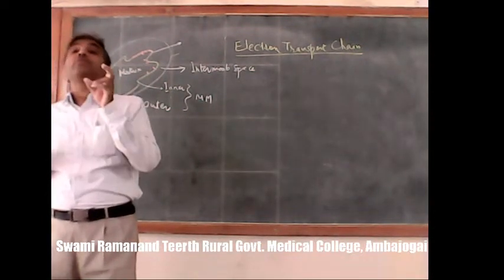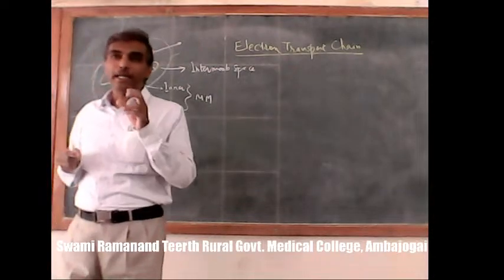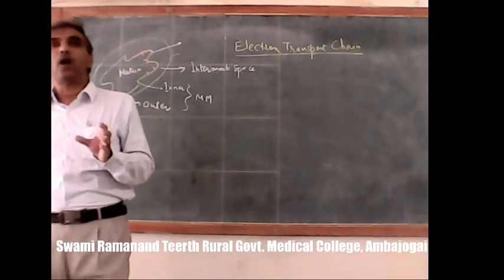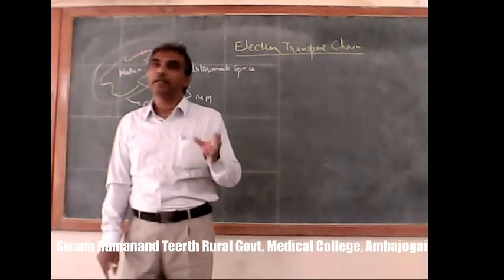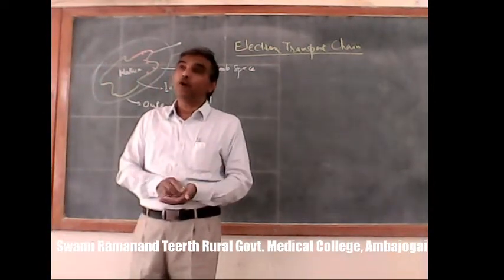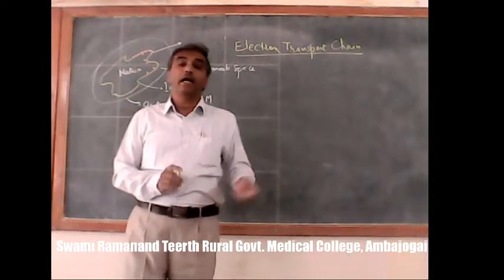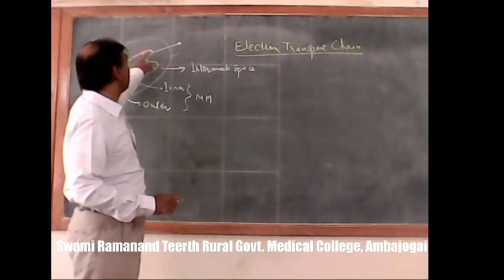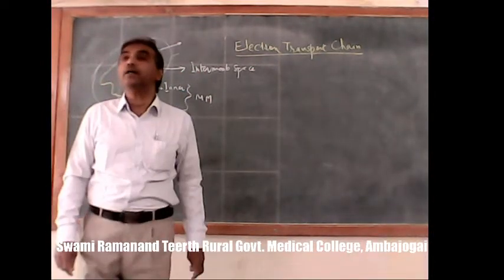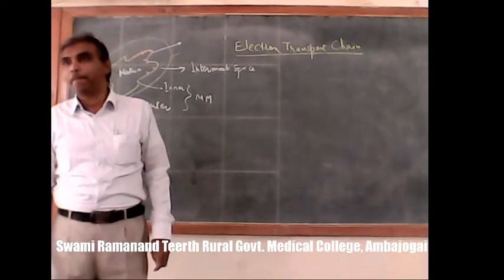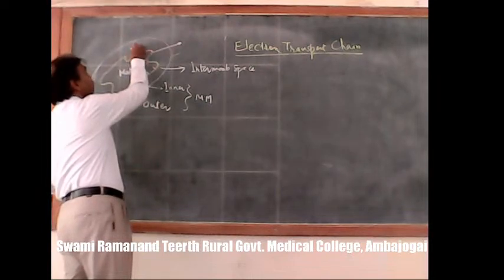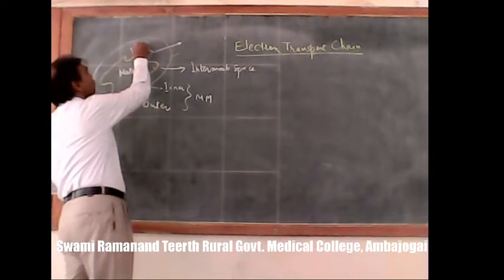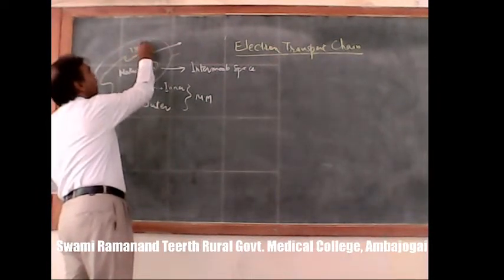Now these substrates, enzymes and coenzymes are not solitarily present in the mitochondria. They form complexes, and they are seen as these structures over the inner mitochondrial membrane, called complex 1, 2, 3, 4 and complex 5.